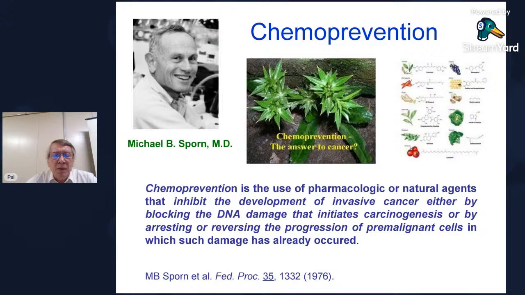Chemoprevention is a definition which was first coined by Michael Sporn, and just recalling the original definition, chemoprevention is the use of pharmacologic or natural agents that inhibit development of invasive cancer, either by blocking the DNA damage that initiates carcinogenesis, or by arresting or reversing the progression of malignant cells in which such damage has already occurred.